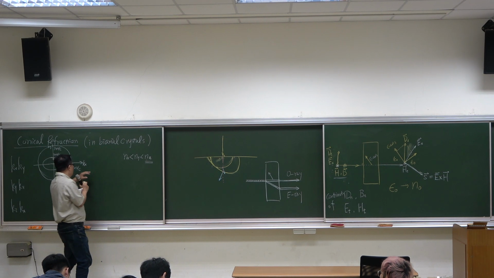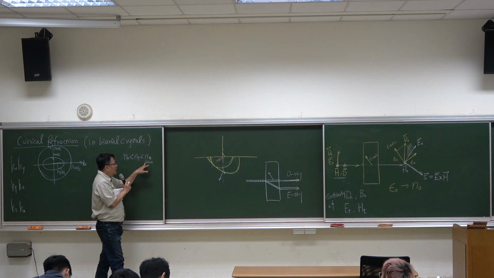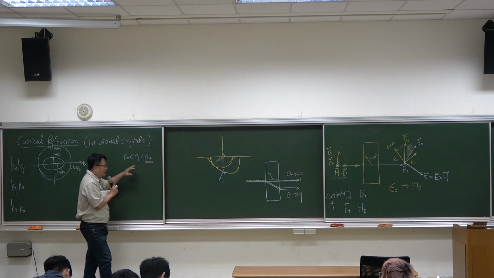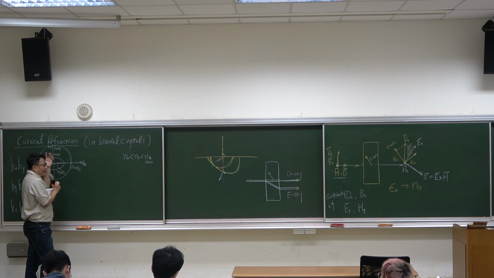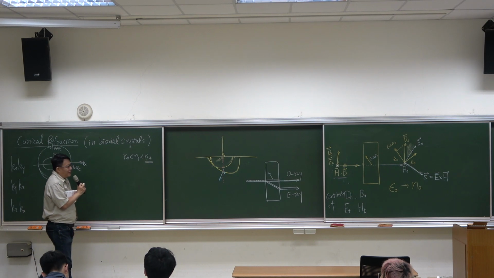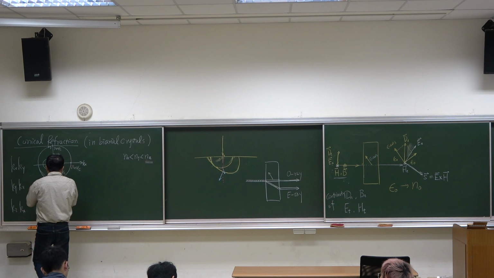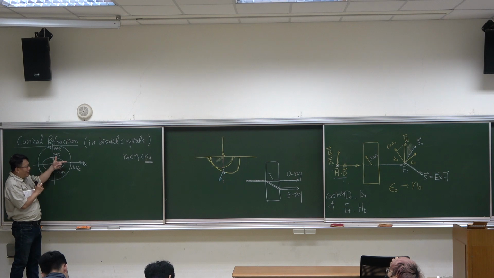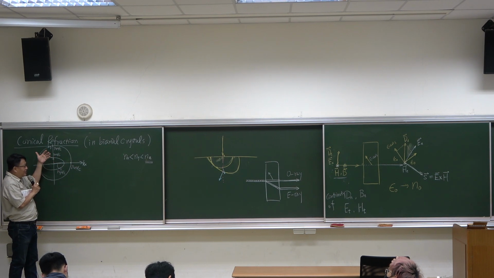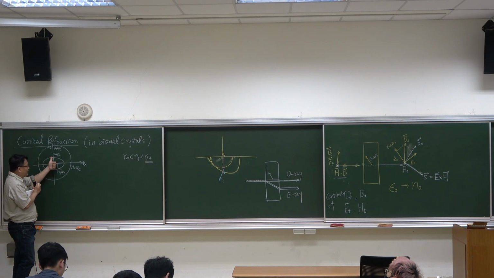And if the polarization is not along the Z direction, but lying on the XY plane, then different propagation directions will give us different refractive indices. If the propagation direction is along the X direction and the polarization is lying on the XY plane, this means that the polarization is along the Y direction.